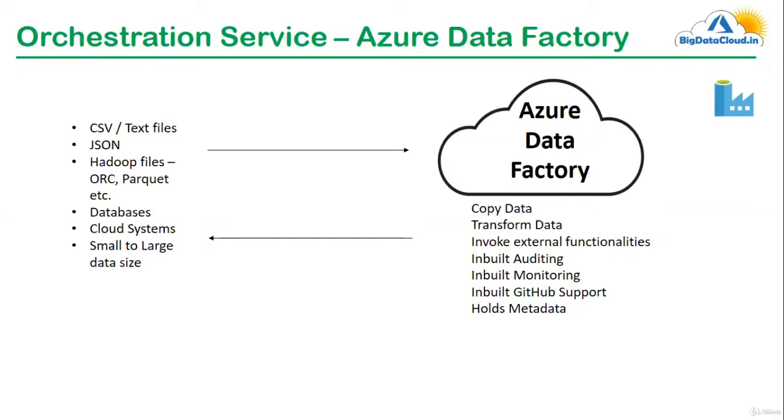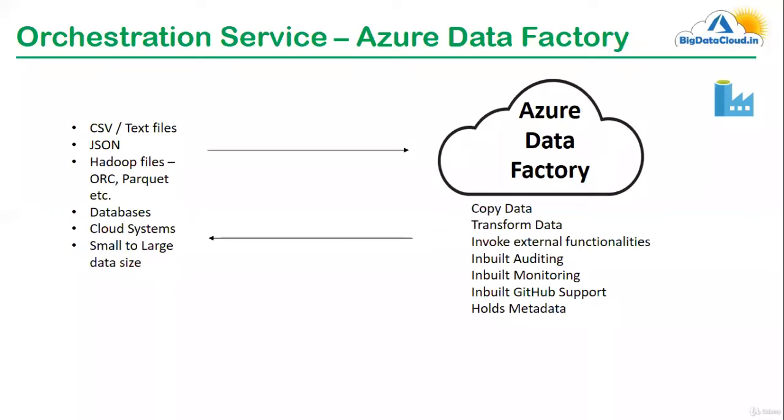It is able to copy data, transform data, not fully, but to some extent. It is able to invoke external functionalities, for example, Azure Logic App, Azure Functions, or any HTTP URL. It has inbuilt auditing and monitoring. It also supports GitHub integration, so our code can be checked in and checked out, and we can keep our code in a repository. And it also holds the metadata.